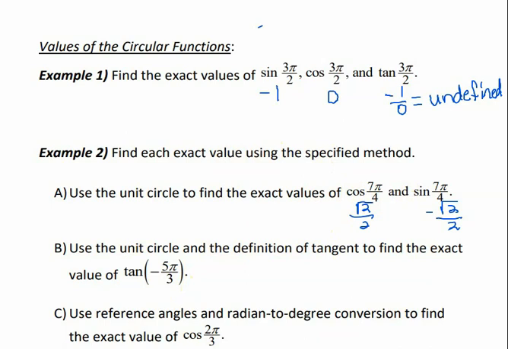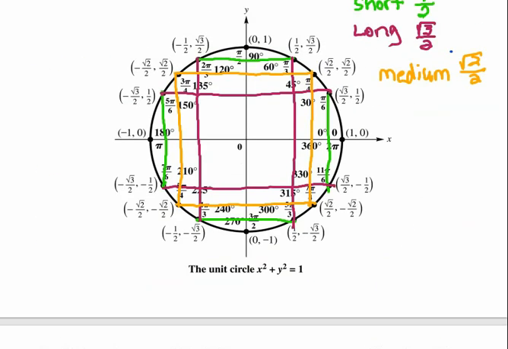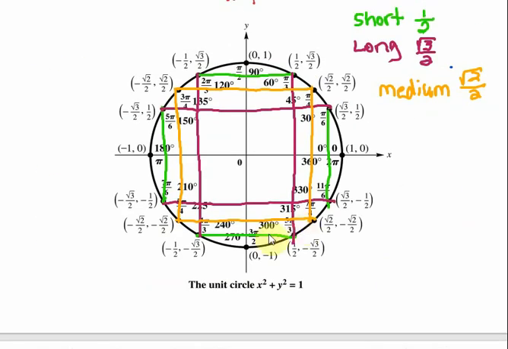All right, so let's look at the unit circle. -5 pi over 3. Oh, hold on. Okay, so this is positive 5 pi over 3. If we went around the circle, this is 5 pi over 3. So we have to go -5 pi over 3, which means we would start out here and we would go around to this point.